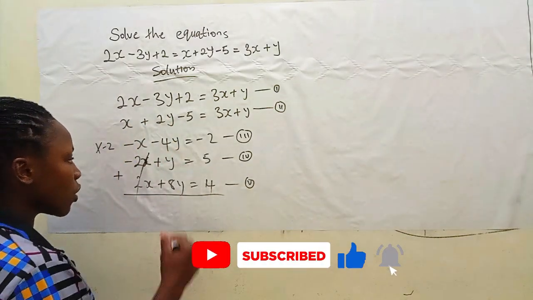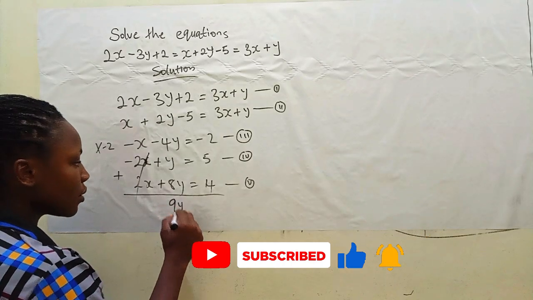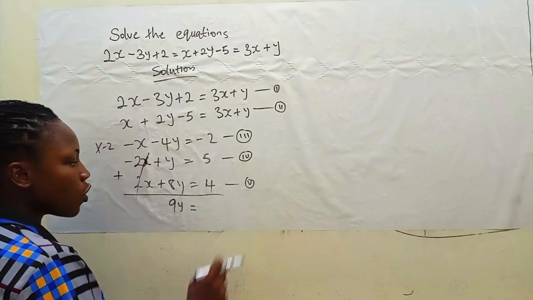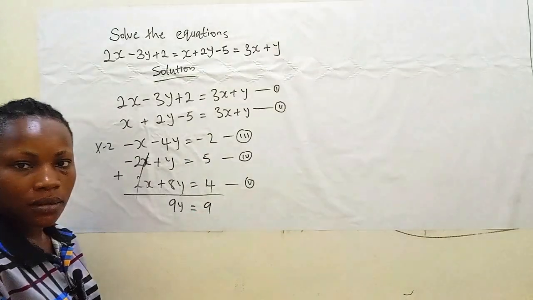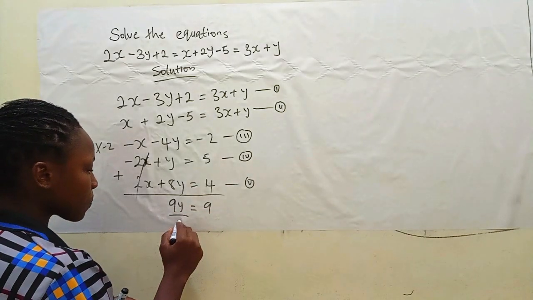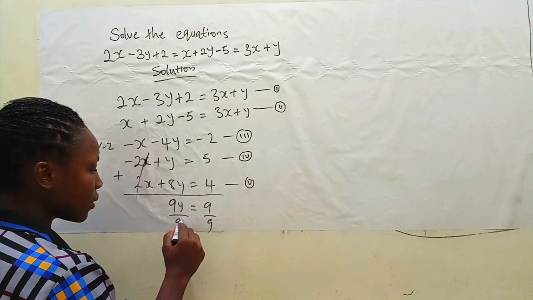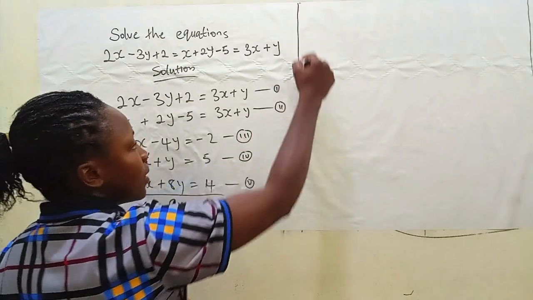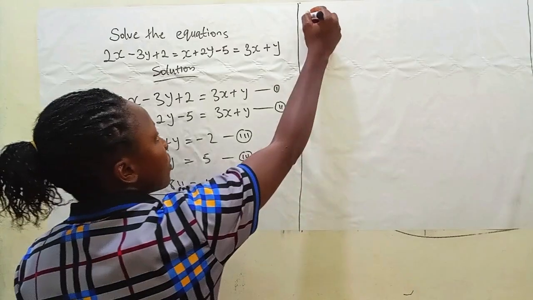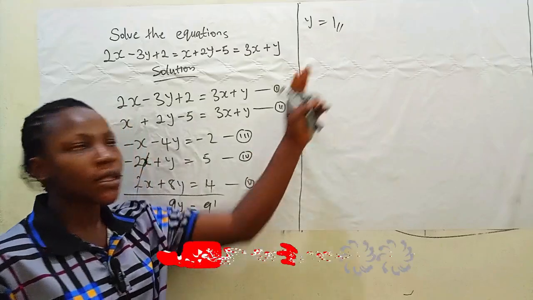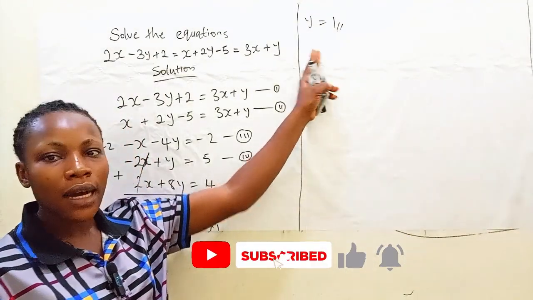Adding this together, we are going to have 9y equals to, adding 5 to 4, we are going to have 9. So dividing both sides by 9, we get 1. So the value of our y is equals to 1. We have gotten our y as 1.